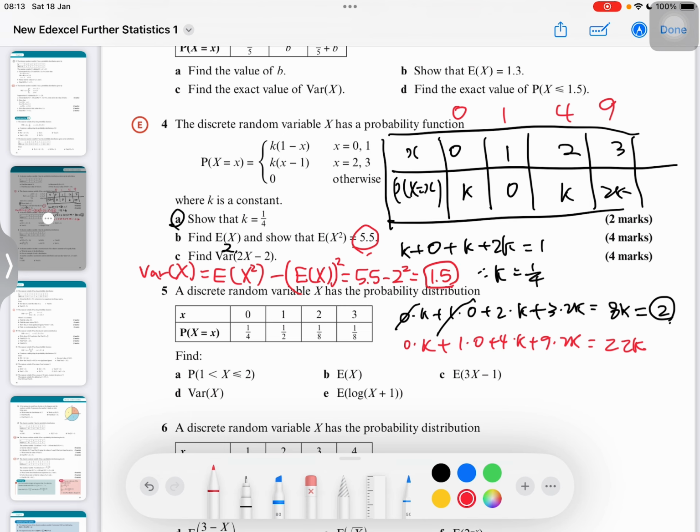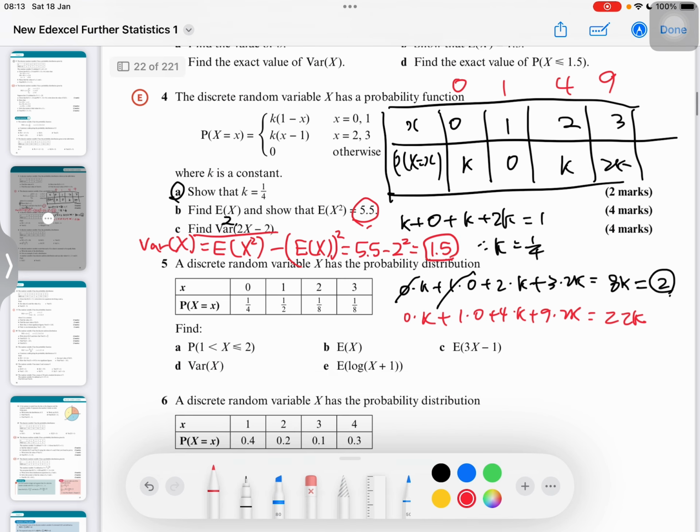But what we want to know is the transformed data. When we have something like 2x minus 2, this affects the variance by a squared. So 2 squared times the variance of x, 2 squared times 1.5, which is 6.